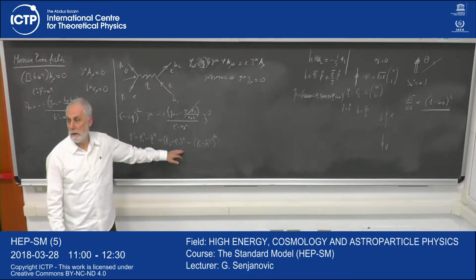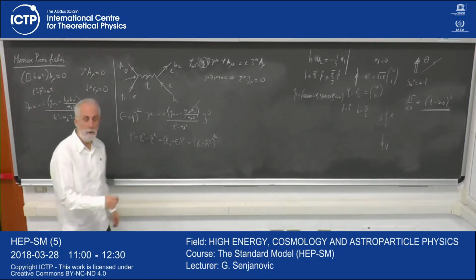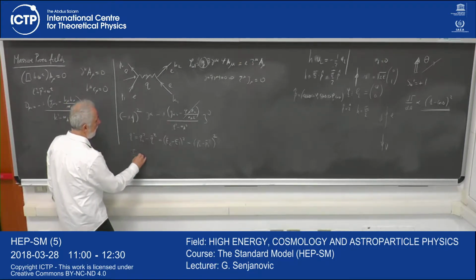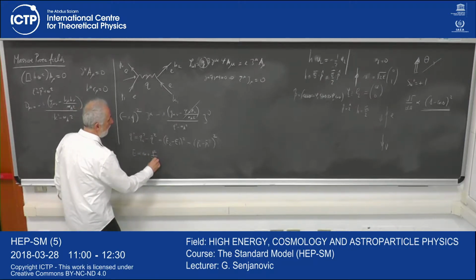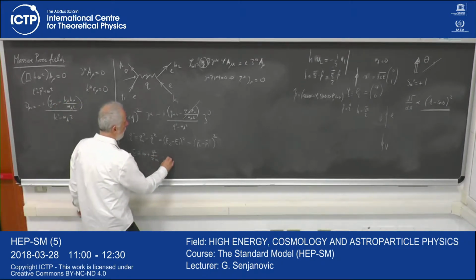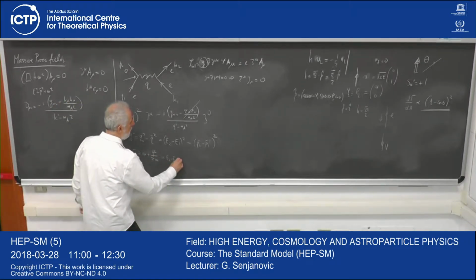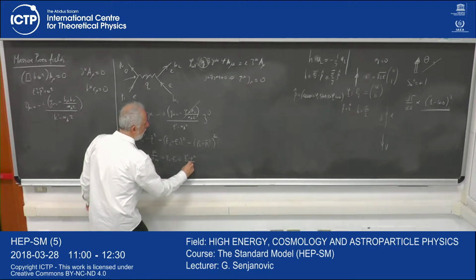In the non-relativistic limit, the energy difference goes to zero faster than the momentum difference, because the energy is m plus p squared over 2m. So E2 minus E1 is of the order of p2 squared minus p1 squared over 2m.